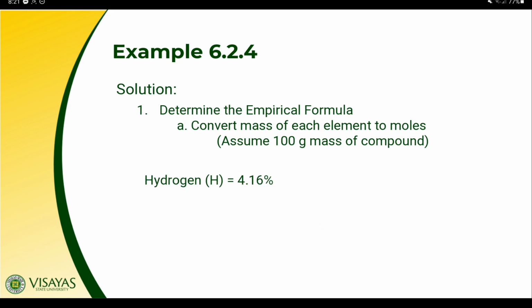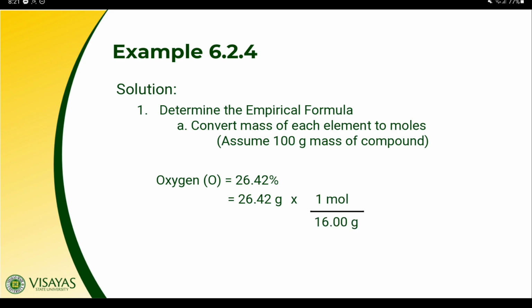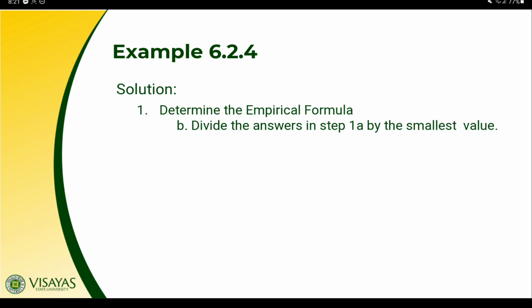For hydrogen, to get the number of moles, we have 4.16 grams times its molar mass, so 1 mole per 1.01 gram. Then we have 4.12 moles. For oxygen, we have 26.42 grams times 1 mole per 16 grams. So we cancel the mass unit and we get 1.65 moles.